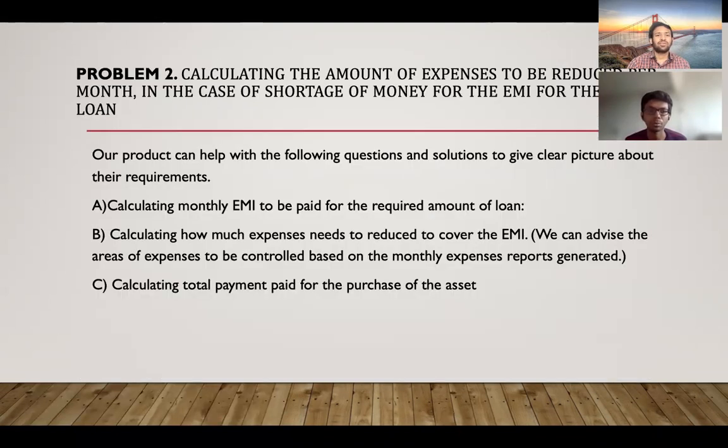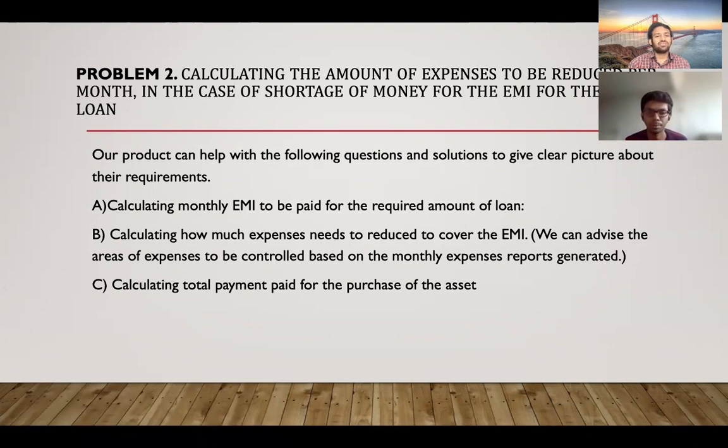Coming to the next question: calculating the amount of expenses to be reduced per month in case of shortage of money for the EMI for the targeted loan. Our product can help with the following questions and solutions to give a clear picture about their requirements. Calculating monthly EMI to be paid for the required amount of loan. Calculating how much expenses need to be reduced to cover the EMI.